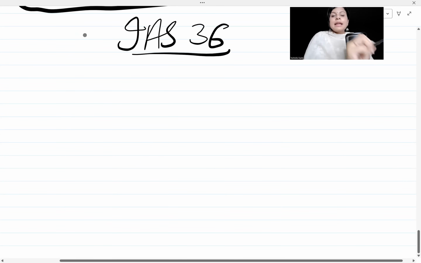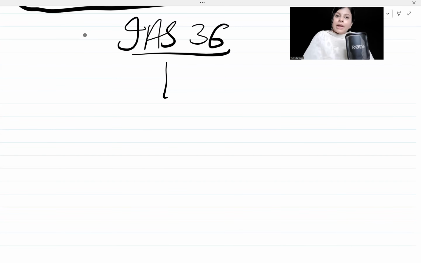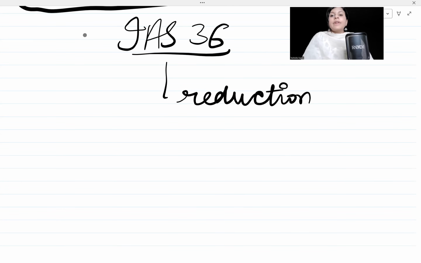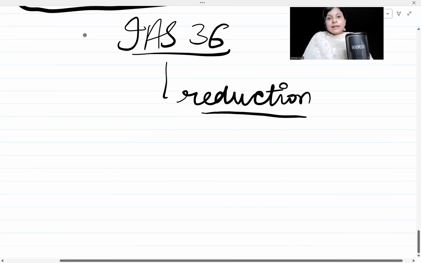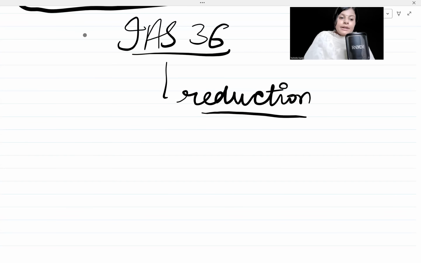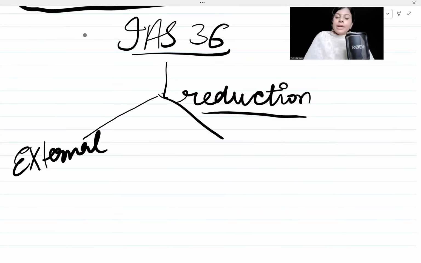Impairment is a reduction in value of the asset. Now, how would I know there's a reduction in value of any asset I have? I look for indicators. These indicators might be external indicators or internal indicators.